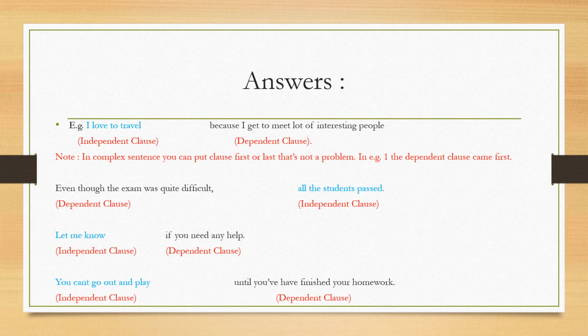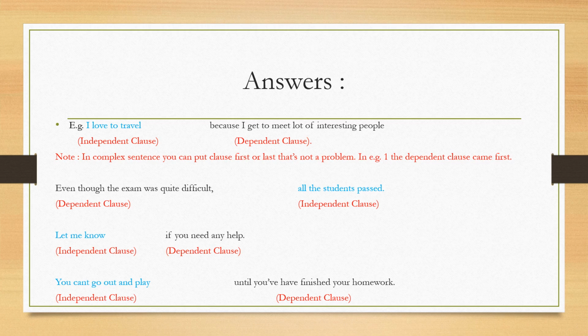Example number 2. Even though the exam was quite difficult, all the students passed. Even though the exam was quite difficult, there is something missing. So this is a dependent clause, and all the students passed is an independent clause.